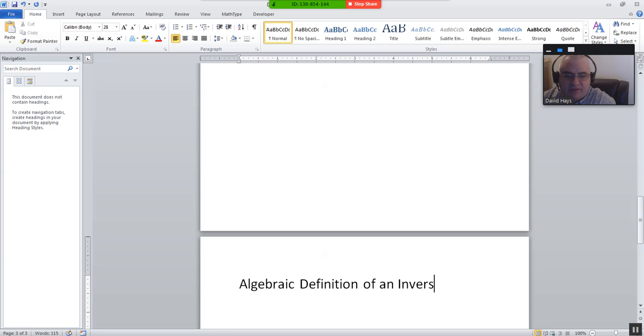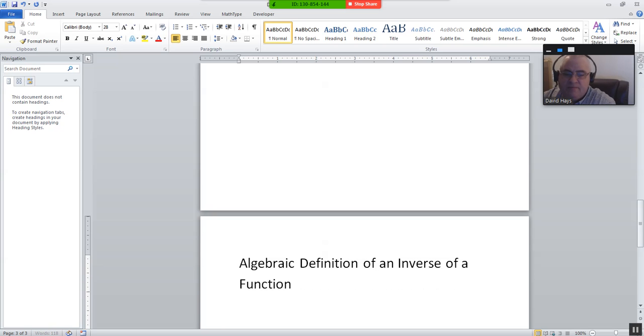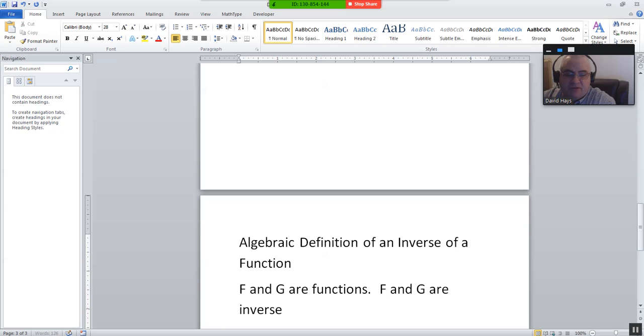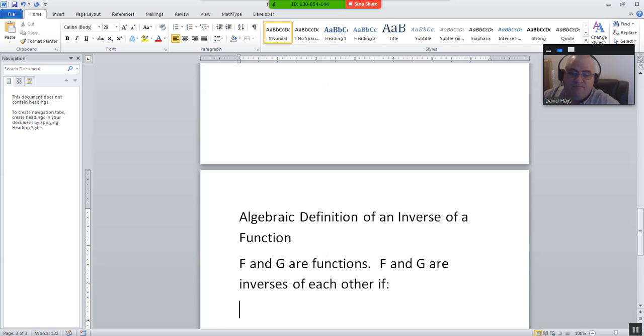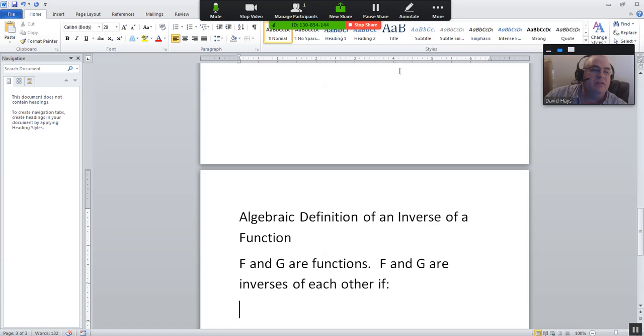Of an inverse of a function. f and g are functions. f and g are inverses of each other if the following is true. Now I'll put this in there and I'll make it a little bigger after I get it inserted.